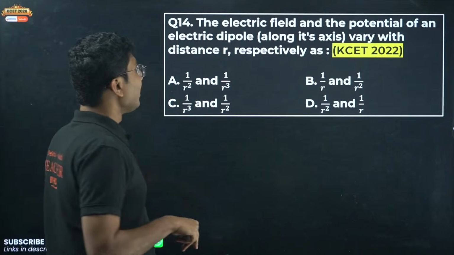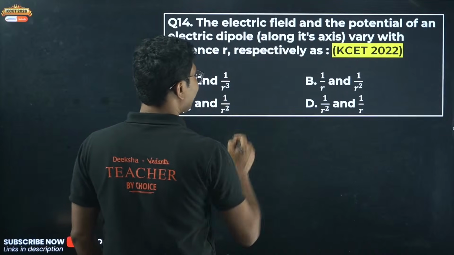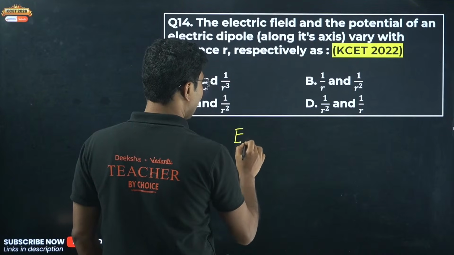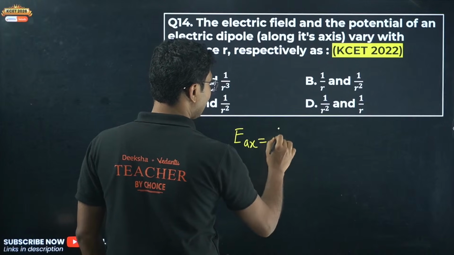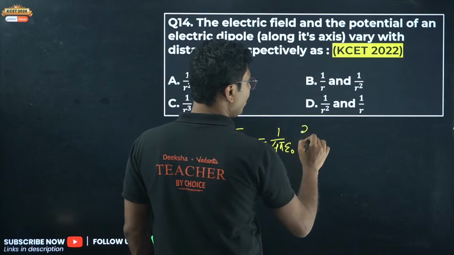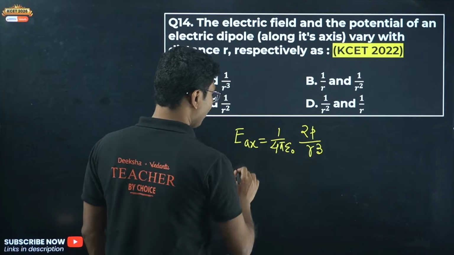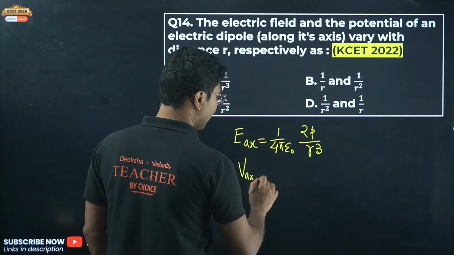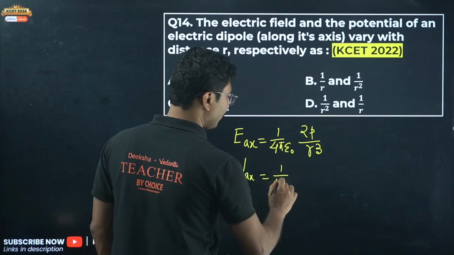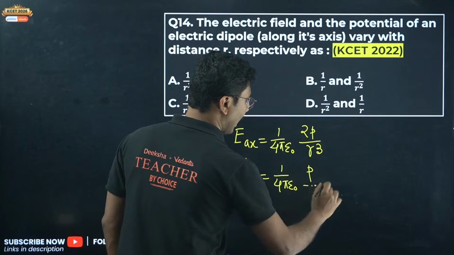Let's see. So electric field and potential of an electric dipole along its axis. The electric field due to a dipole along its axis is given by 1 by 4 pi epsilon naught times 2p divided by r cube, and the electric potential on the axis of a dipole is given by 1 by 4 pi epsilon naught times p cos theta by r square.